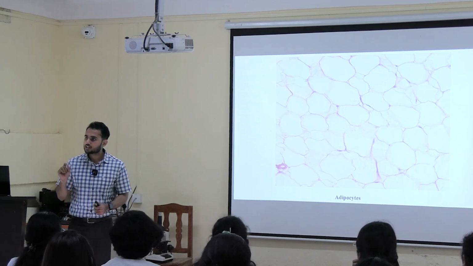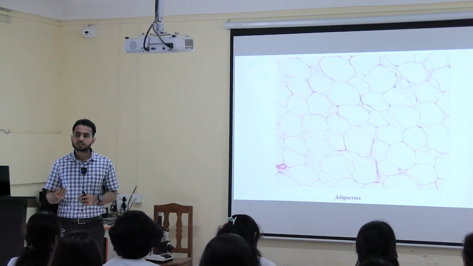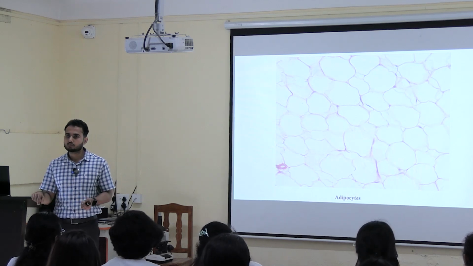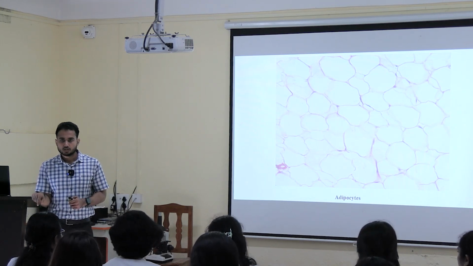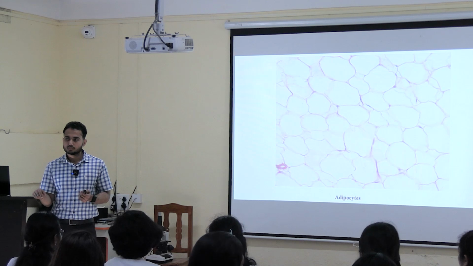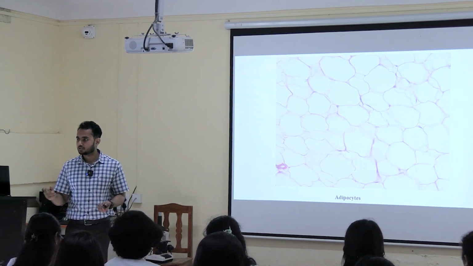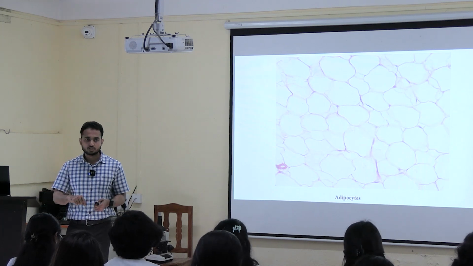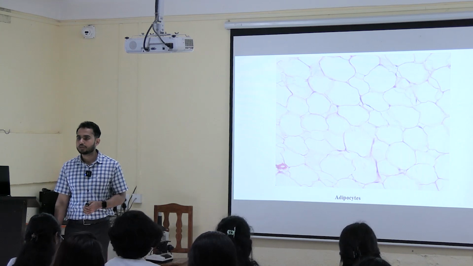Because first of all, a fat droplet is there. Now when we are preparing the slide, various steps are there. Among them, one step is called xylene wash. When that step is done, the fat droplet is washed away. So if it is washed away, nothing is there, and when you give the stain, it can't take the stain. That's why it appears empty.